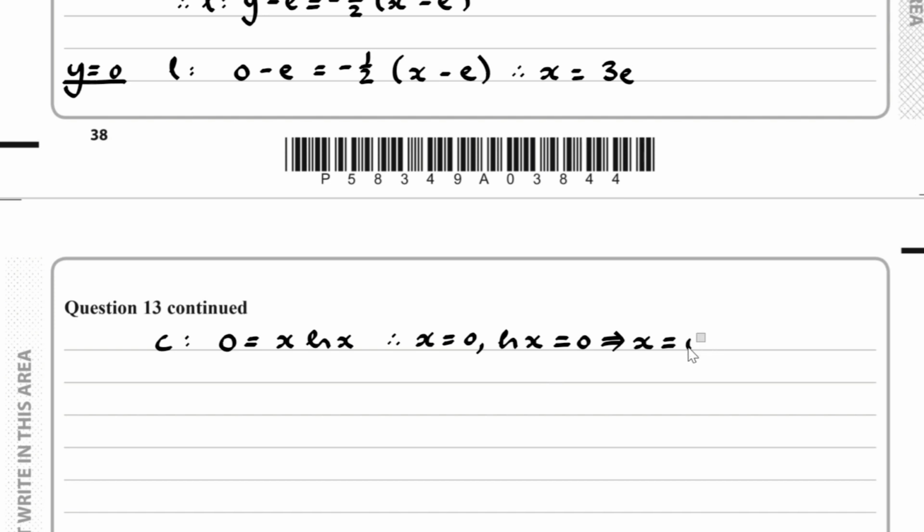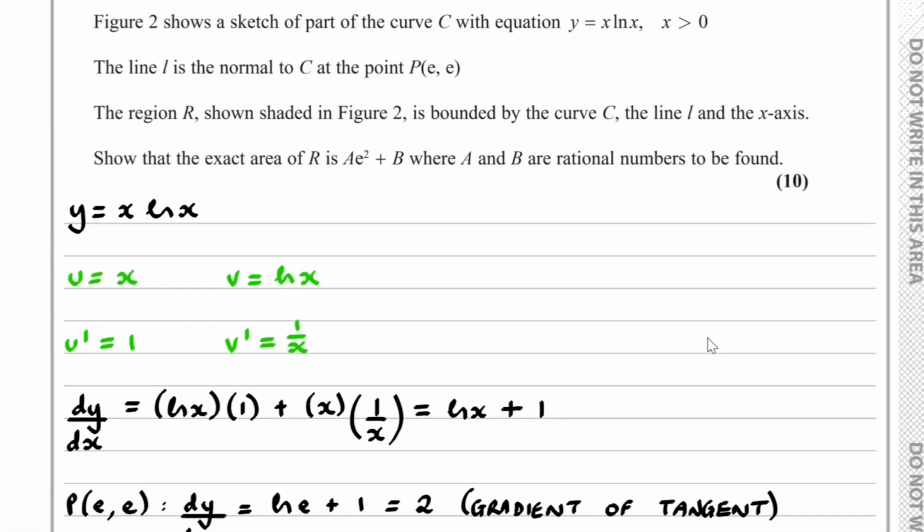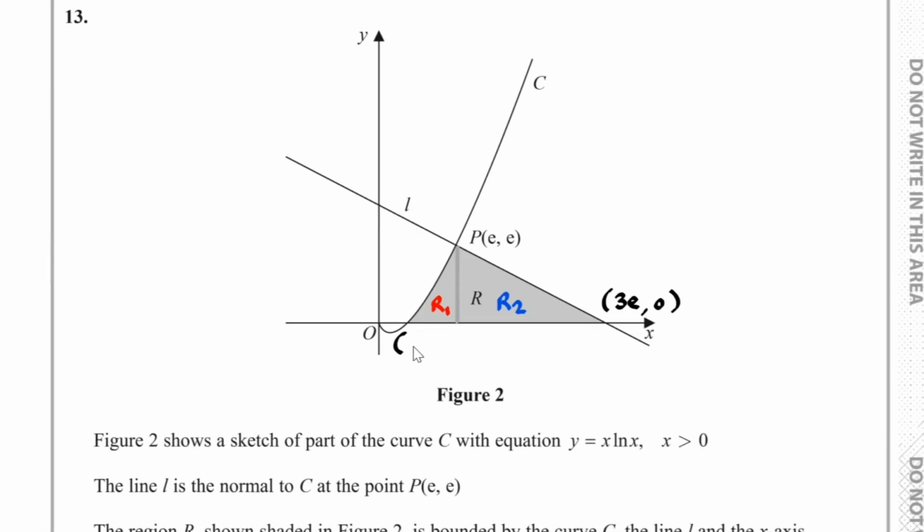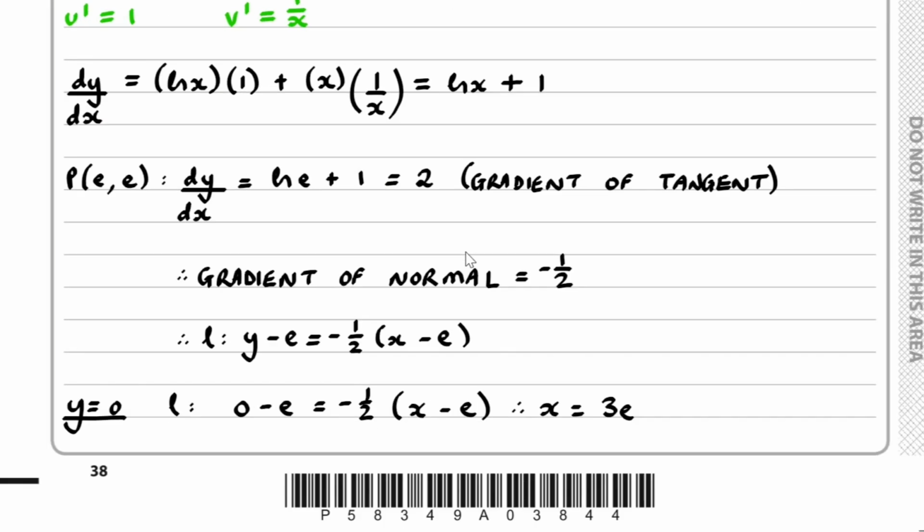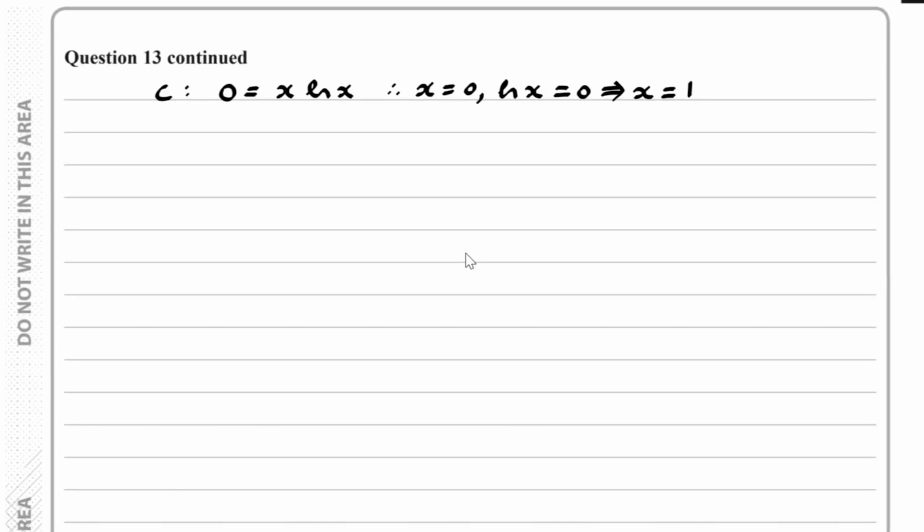Rather, that implies x is equal to 1. So the point over here is 1, 0. So that's that point, this is this point. Now, what I need to do to find out the area of R1, I need to integrate between 1 and e of x times the natural log of x.